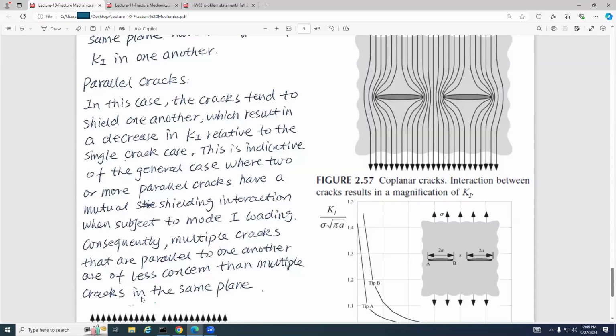That means it's bad for the material. I want you guys to know these facts. You can also use these facts as guidance when you select the material. Make some comments about the coplanar or the parallel cracks. Which one is bad? Which one is good?